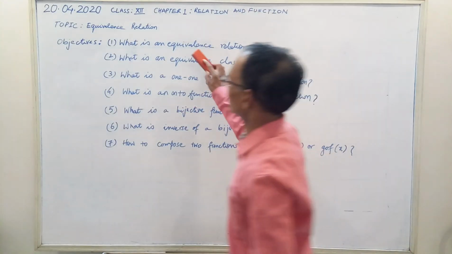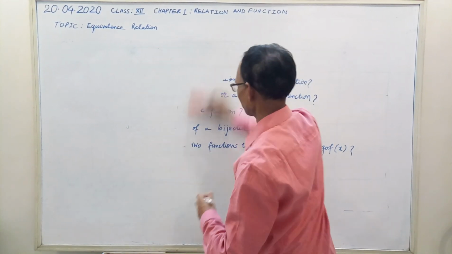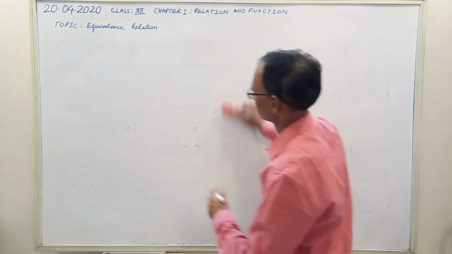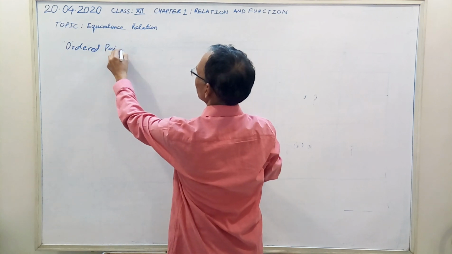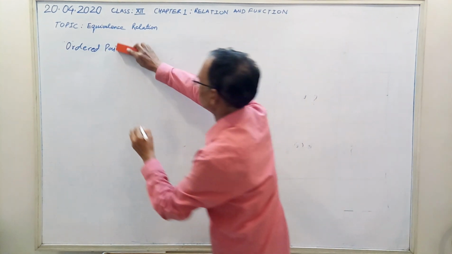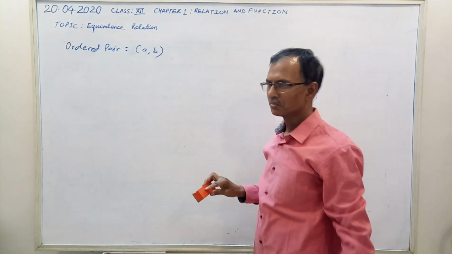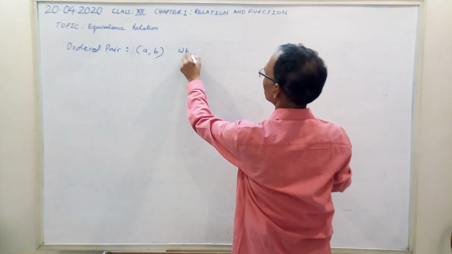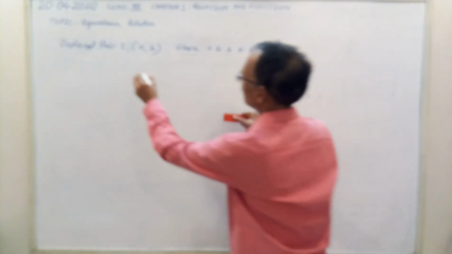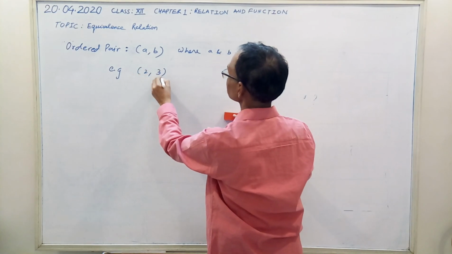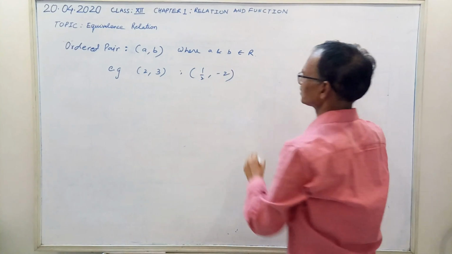Now, what is an ordered pair? As you know, an ordered pair is in general (a, b), where a and b belong to R. For example, (2, 3), (1/2, -2).